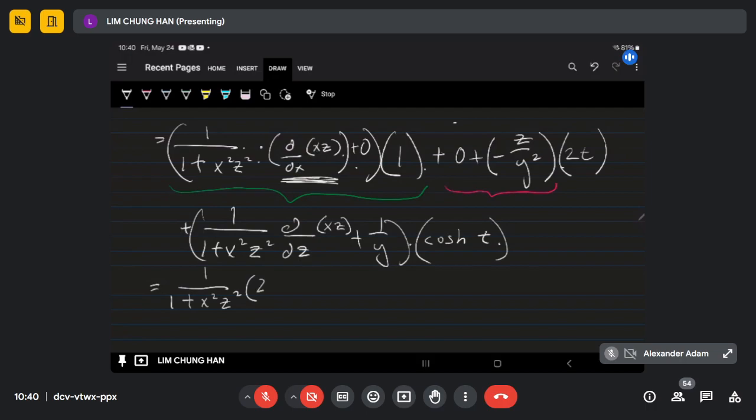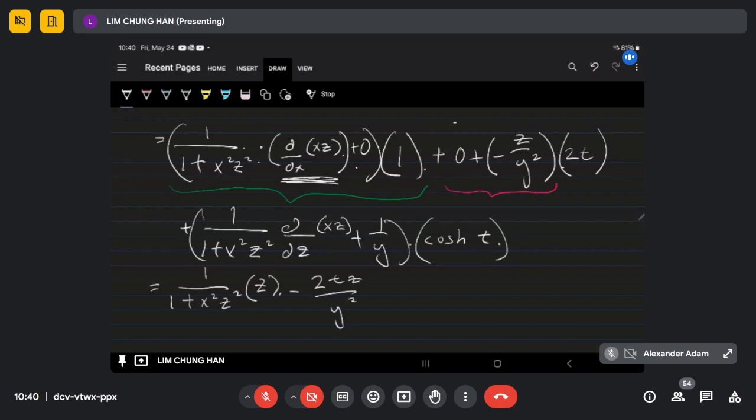So we are left with z plus 0 times 1. Okay, we're left with that. Then negative 2tz over y squared.